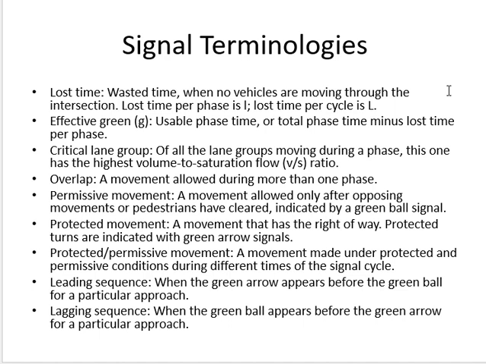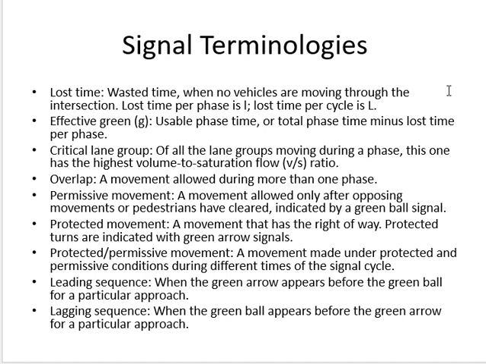Permissive movement: a movement allowed only after opposing movements and pedestrians have cleared. Signal becomes green, and that means any opposing movement is now cleared. Then we have protected movement, the movement which has the right of way.